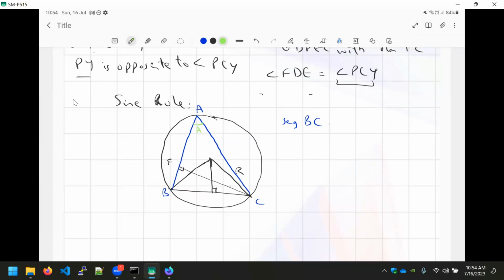Yes, sir. Angle BOC is 2A. So this angle is also angle A, correct? BOT or TOB. And so what can we say about length BT now?